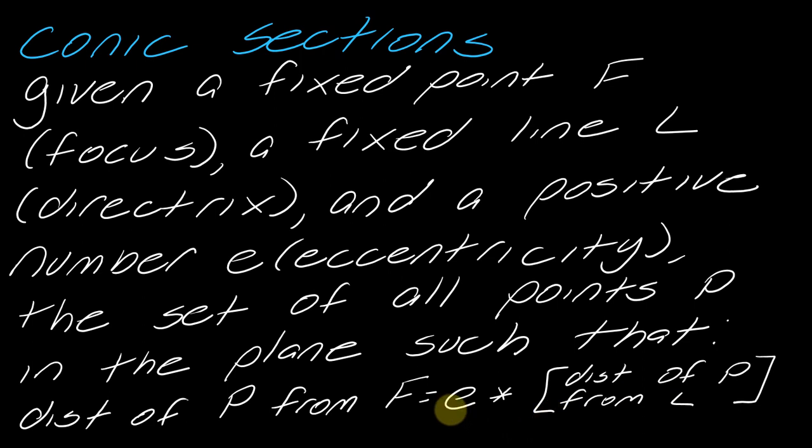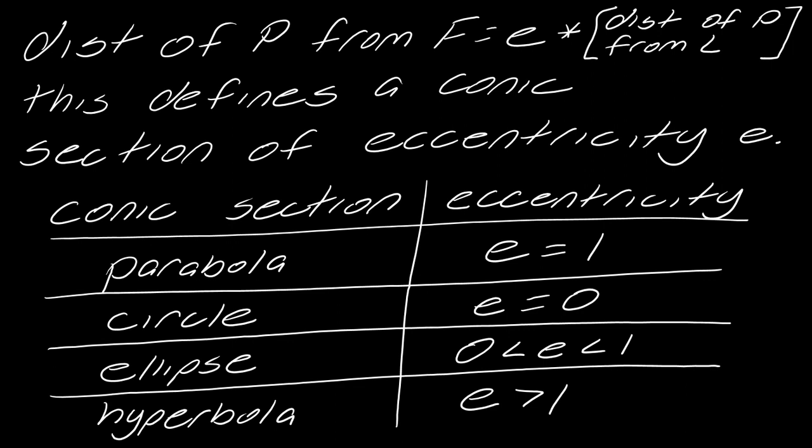The thing I want you to take away from this is that conic sections are over and over defined as having to do with distances and fixing those distances in a certain way. Without getting too far into the details, it's that set of distances times the eccentricity.